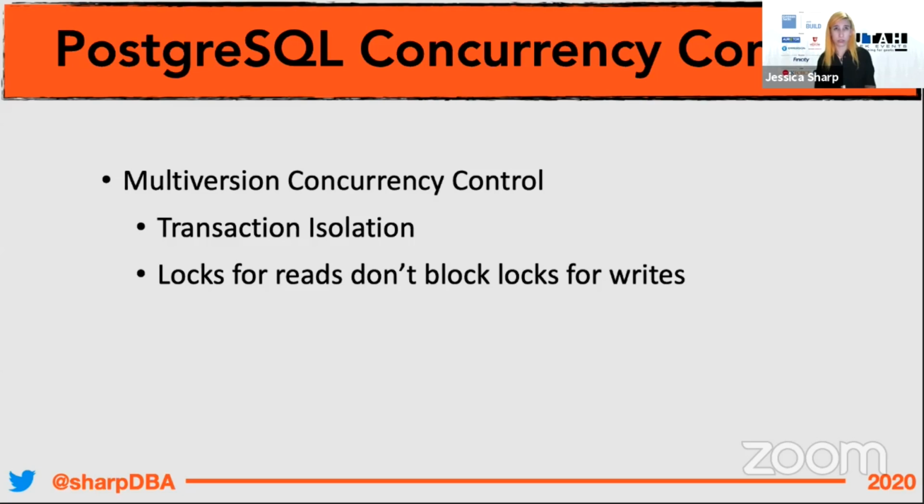Each session, each user, doesn't see a different version than they're supposed to. This also means that locks for reads don't block locks for writes. Tongue twister. So reads don't block writes, writes don't block reads.